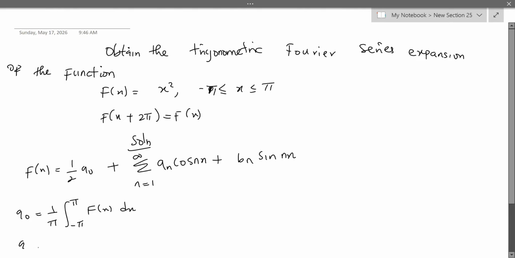Your an is still 1 over pi from minus pi to pi f of x cos nx dx, and then your bn is given as 1 over pi from minus pi to pi f of x sin nx dx.